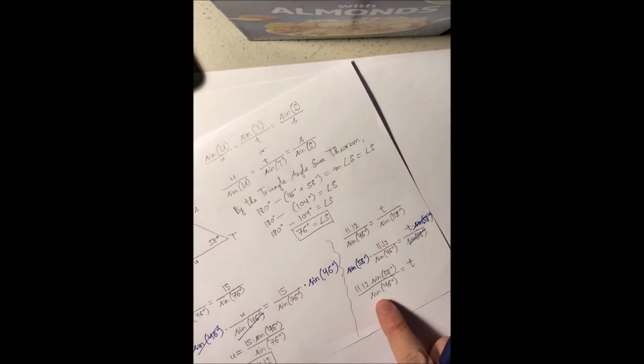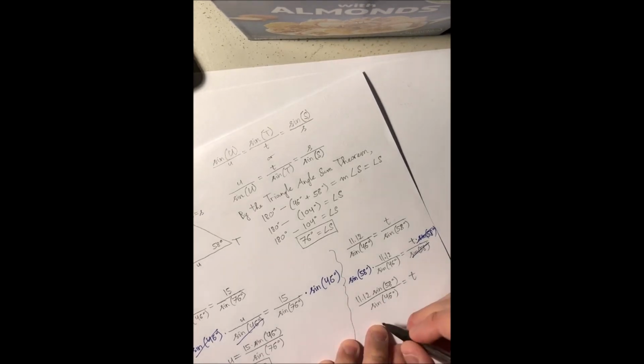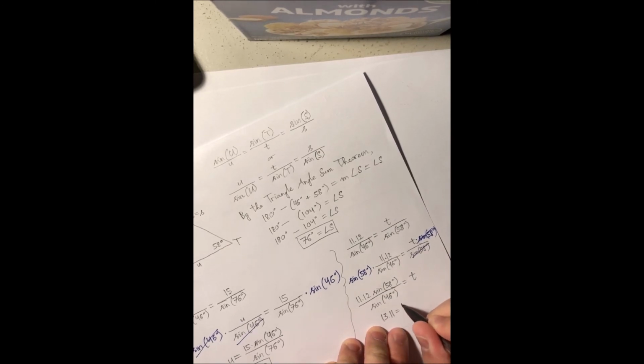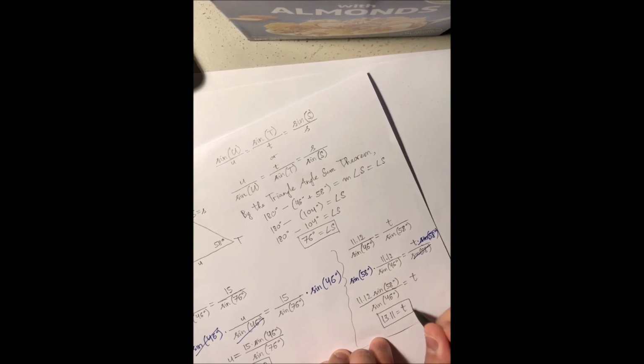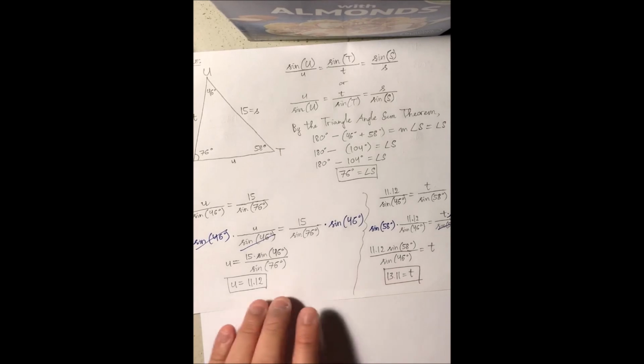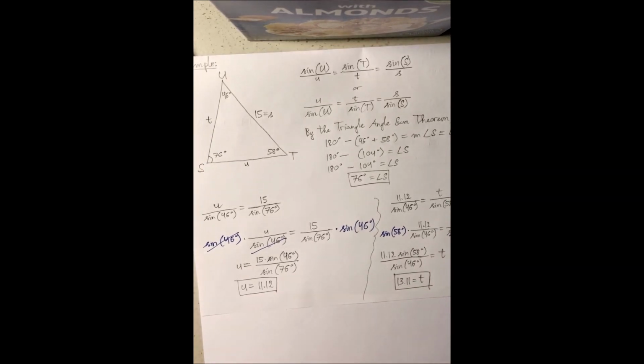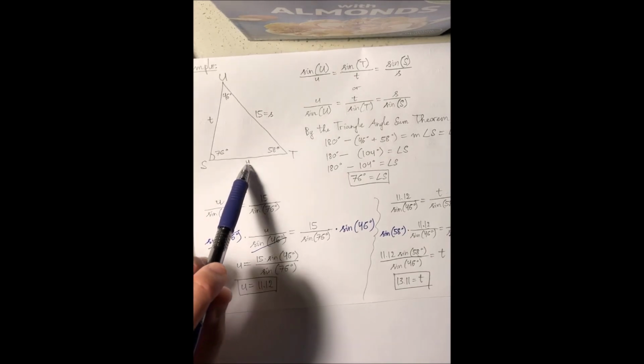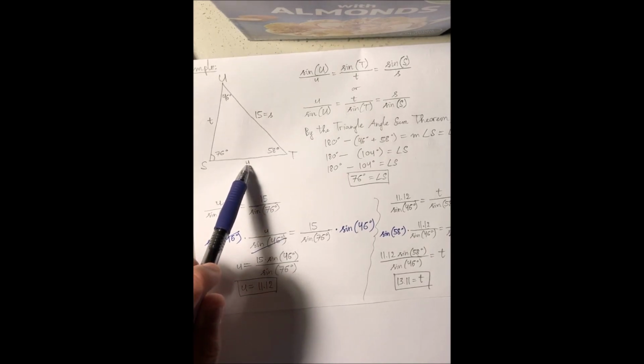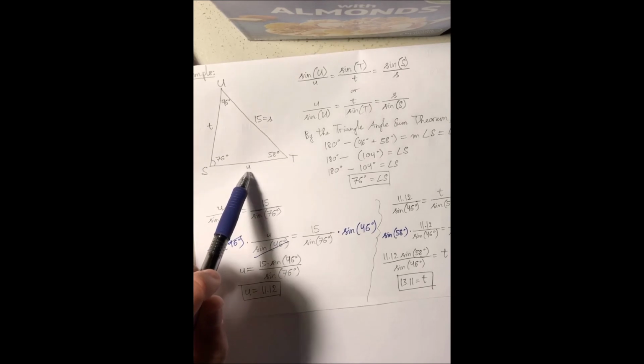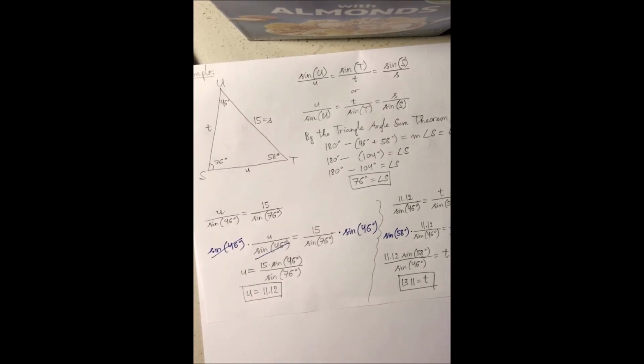Well, typing this expression on the left into the calculator, you're going to get approximately 13.11 units for lowercase t. Alright, you guys, here's how you apply the law of sines to this problem to evaluate any missing side. In this case, they are lowercase u and lowercase t, okay?